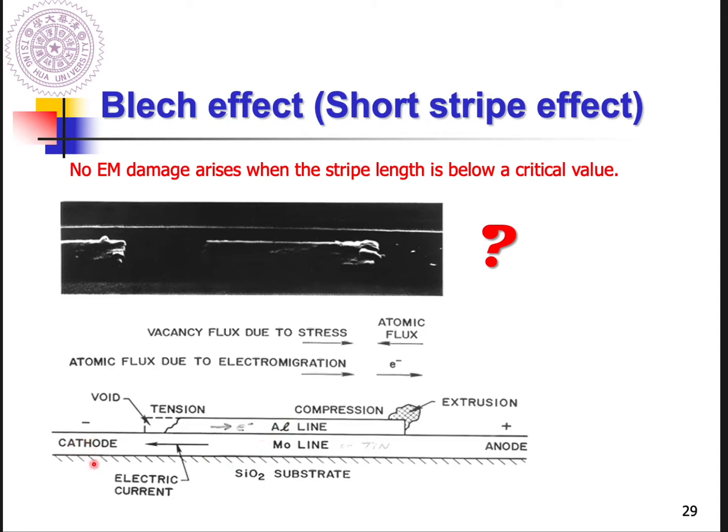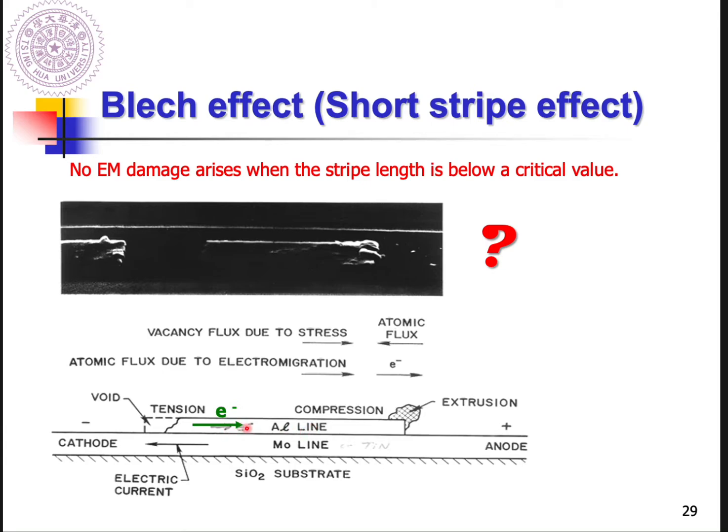When you apply an electrical field, you can observe an electrical current going to the left-hand side, implying that the electrons go to the right-hand side. Because aluminum has a higher conductivity, the electron flow goes up into the aluminum line.